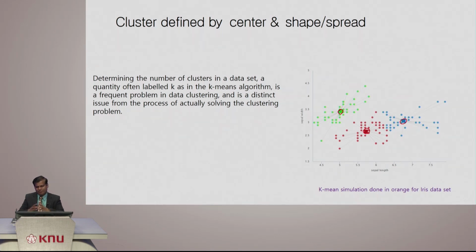Then comes the shape and spread of the actual clusters. For example, you can see here, if you try to update the clusters with different points, at one point it converges, and maybe your shapes are not necessarily circular or oval. They may be of different structures.